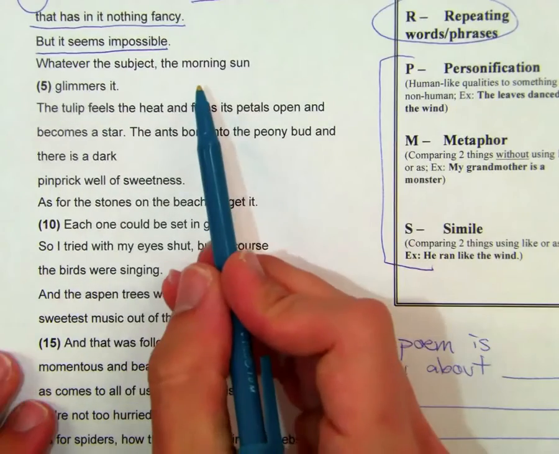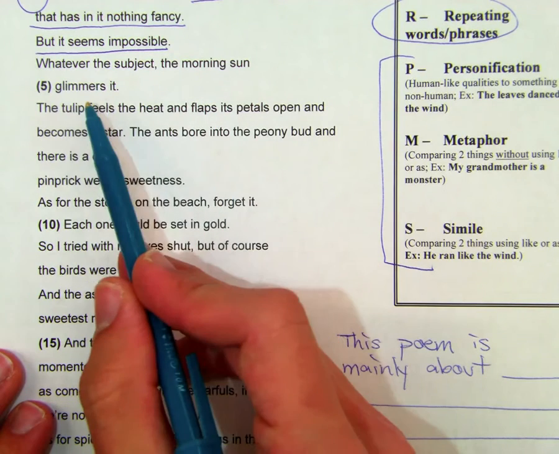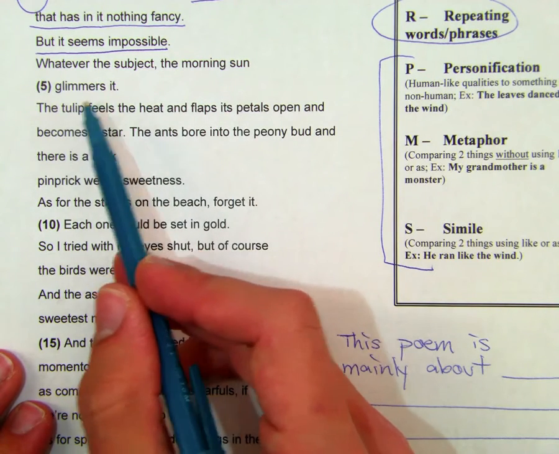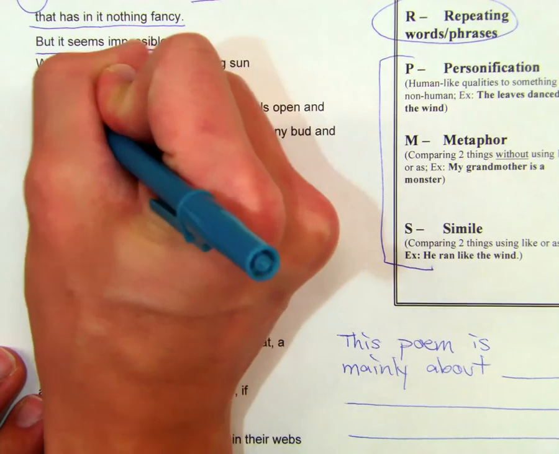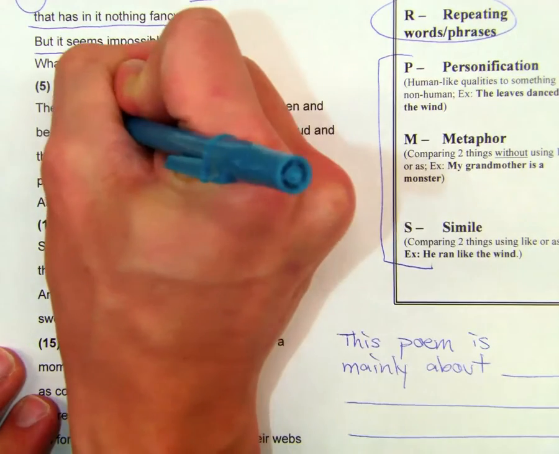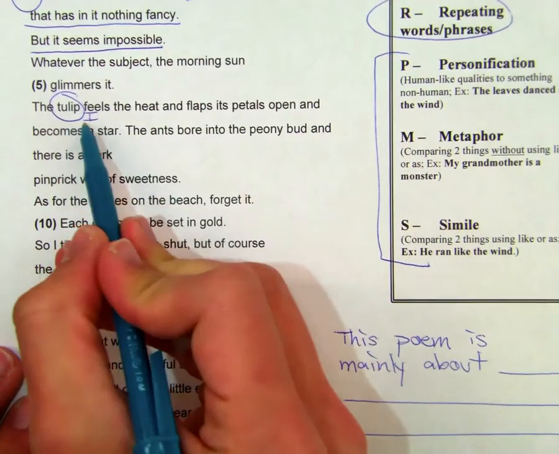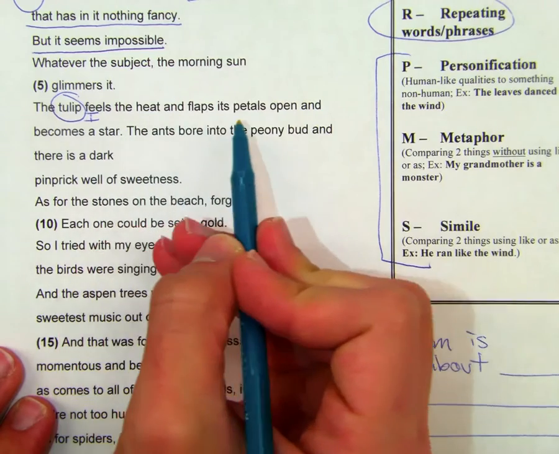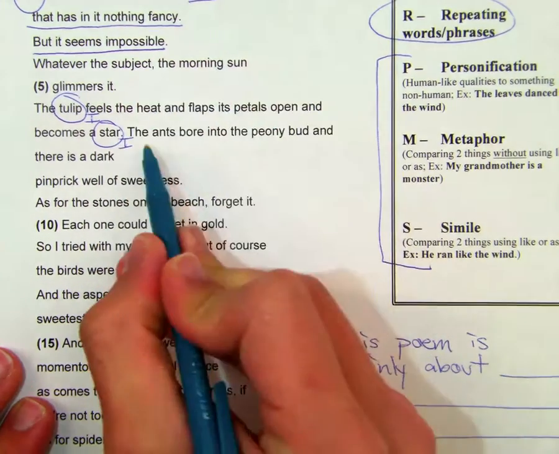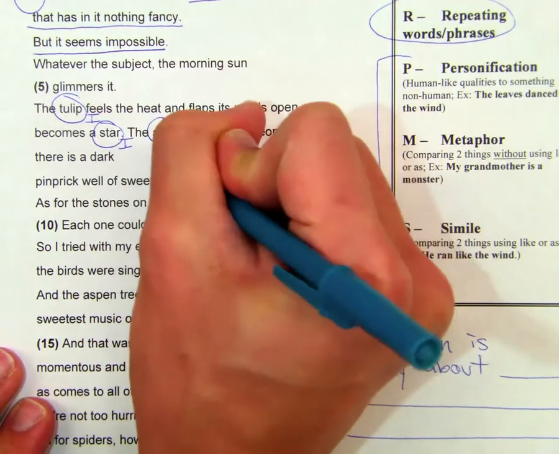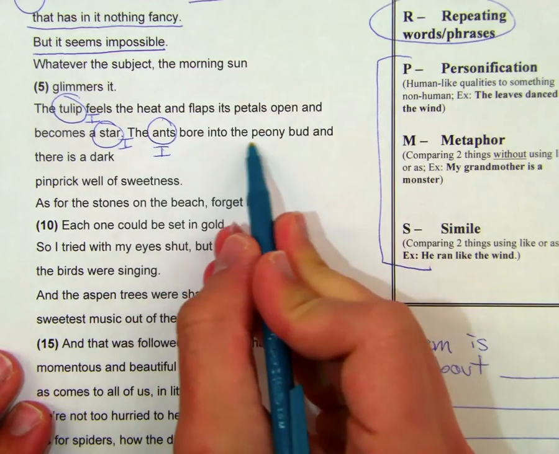Whatever the subject, the morning sun glimmers it. The tulip, I'm going to circle every image in here, and I'm going to label it with an I. The tulip feels the heat and flaps its petals open and becomes a star. Here's another image. The ants, here's an image, bore into the peony bud.